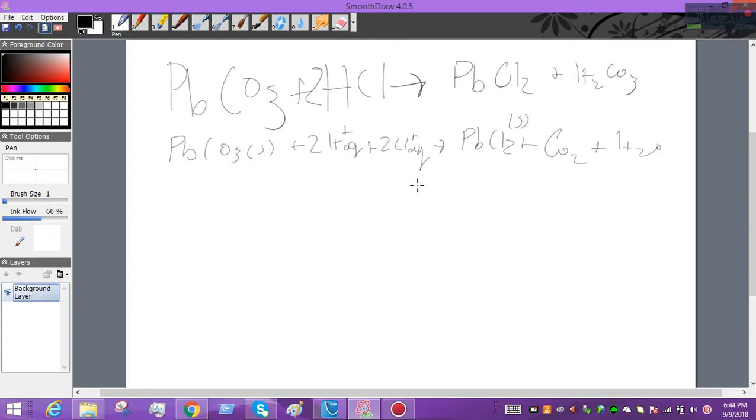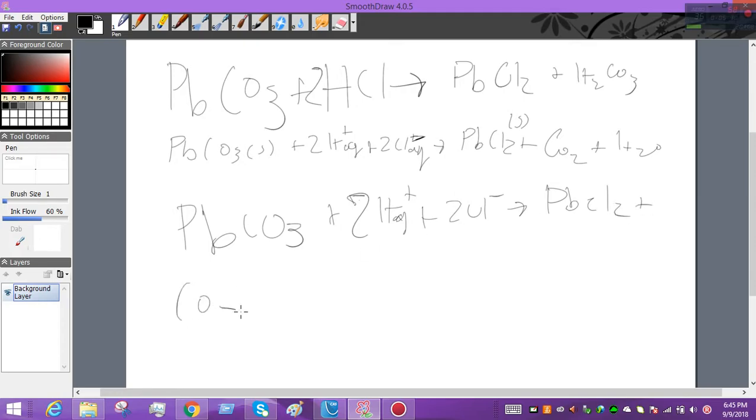So our net ionic equation would be PbCO3 plus 2H+ aqueous plus 2Cl-. Did I call it Cl plus? That's Cl minus. I don't know what I'm thinking. It gives PbCl2 plus CO2 plus H2O.